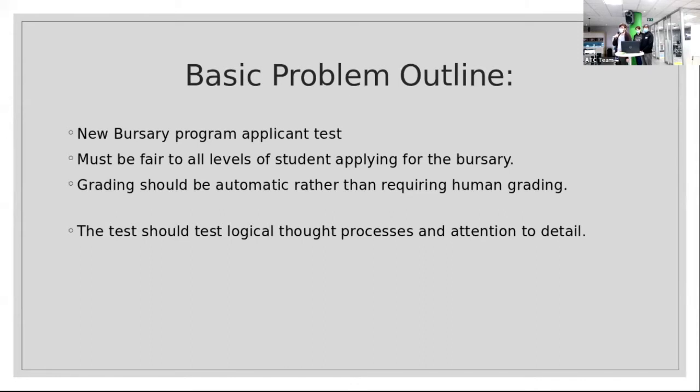Another point was that the grading needed to be automatic rather than manual, because that ate up a lot of paid work time for company employees. And the aspects to test were logical thought and attention to detail. Those were two main headings on the basic spec document.